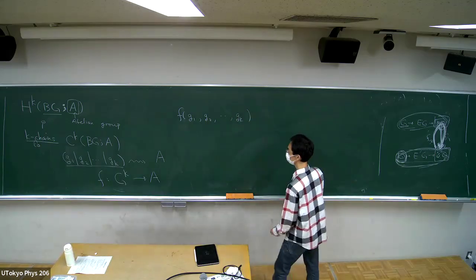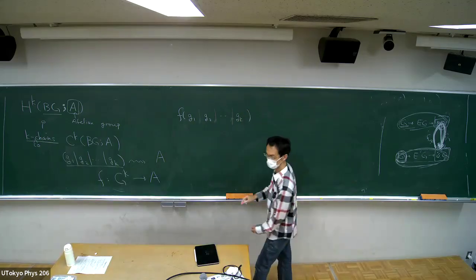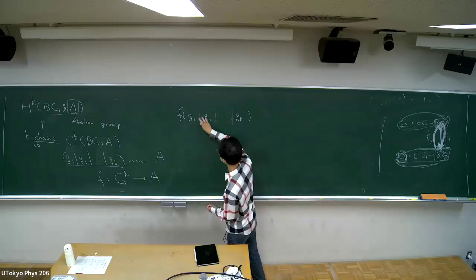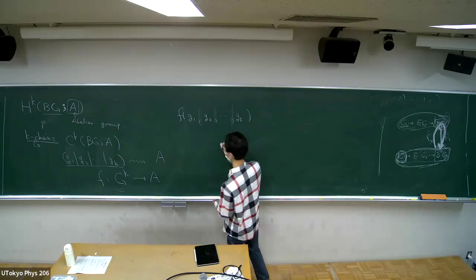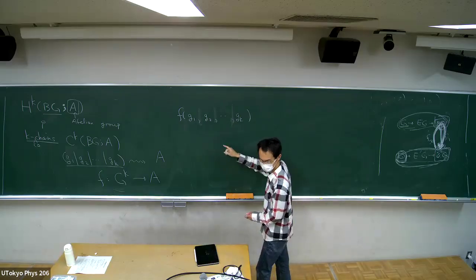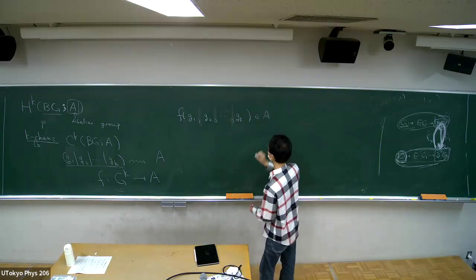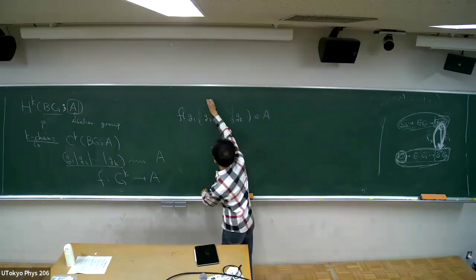I could also use bars as a notation to denote such functions, but I don't see bars used in the descriptions of the cochains very often, so let me just use commas. Maybe using bars might be more appropriate, but this is a k-cochain.